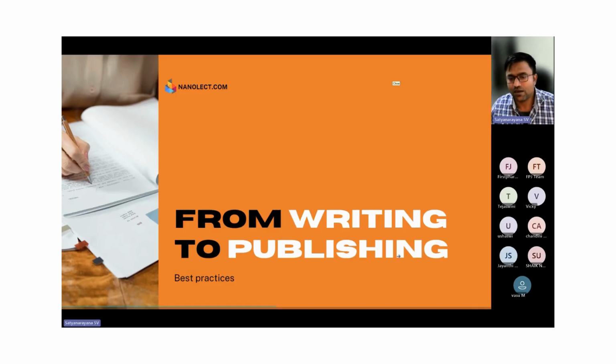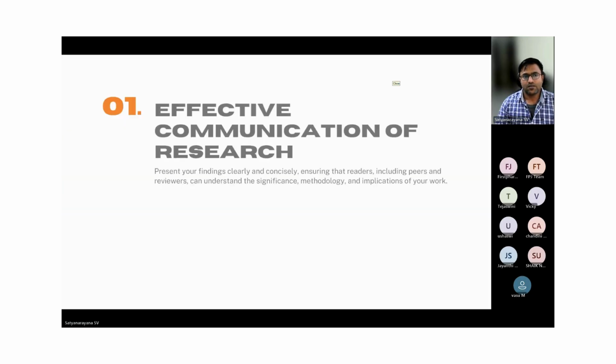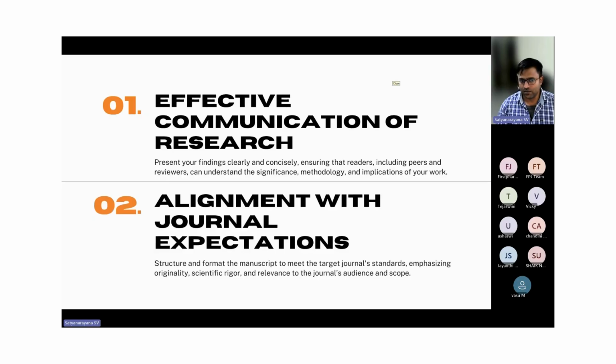Now we will consider how you are going to write the paper, and after writing, how you are going to publish it. Before that, there are two objectives. One objective is effective communication. Whatever research you have done, you know your methodologies and your area of work, but you need to communicate to the audience.